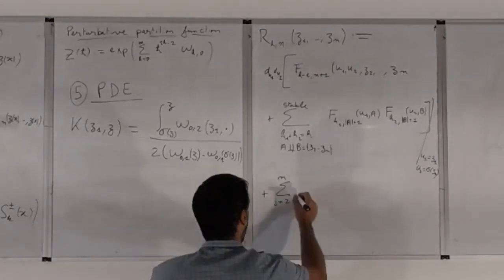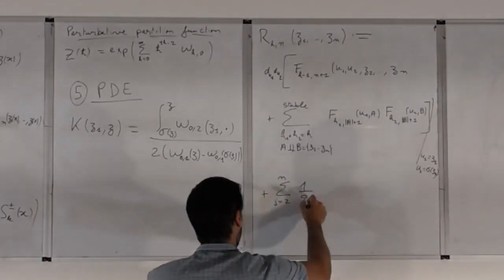So I sum over j ranging from 1 to n, one over 2.